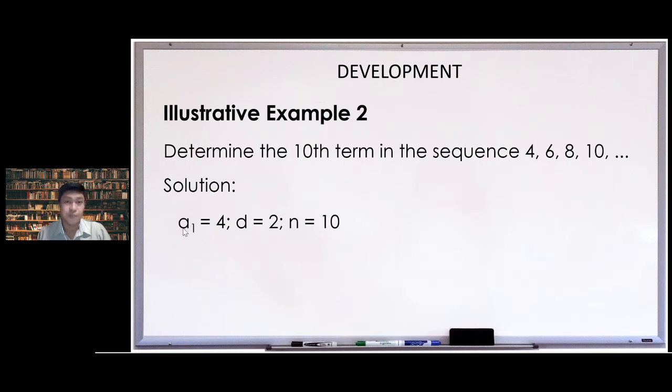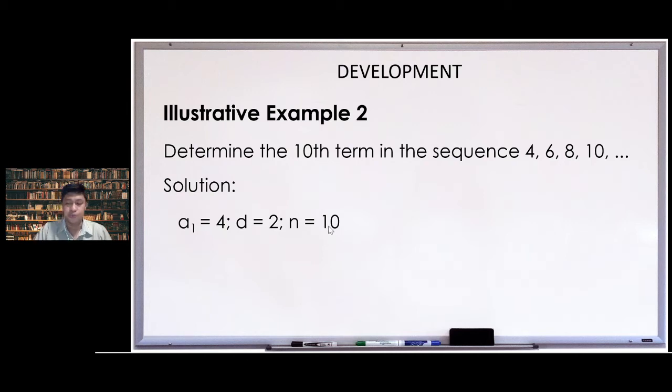So that is a sub 1, which is equal to 4. Let us verify if we have a common difference. 6 minus 4 is 2, 8 minus 6 is 2, 10 minus 8 is also equal to 2, meaning the common difference is 2. Since we are finding the 10th term, our n is equal to 10.